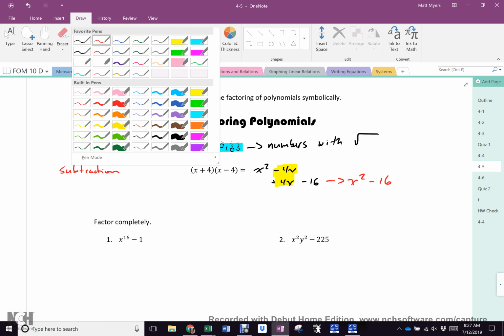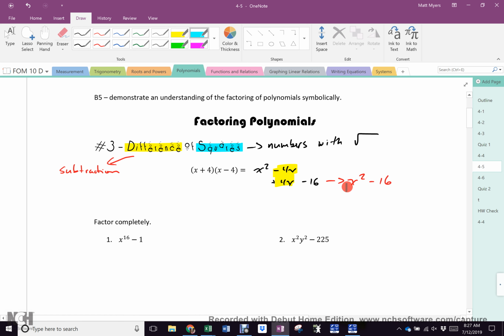And all of you already see the pattern. X squared, the square root of x squared is x and x. 16, the square root of 16 is 4 and 4, which tells you if it happens once in math, how often does it happen? Every single time.